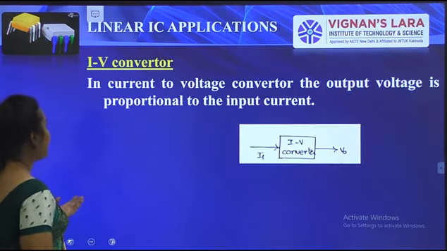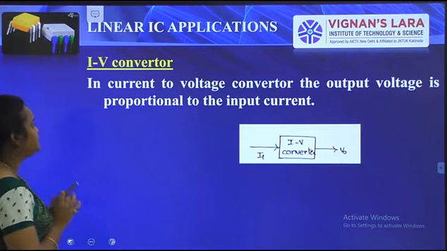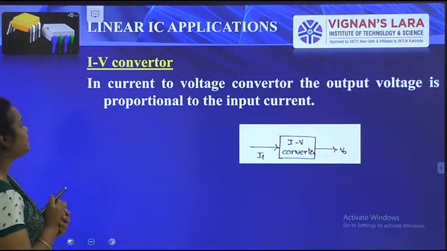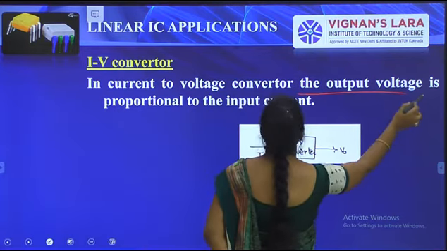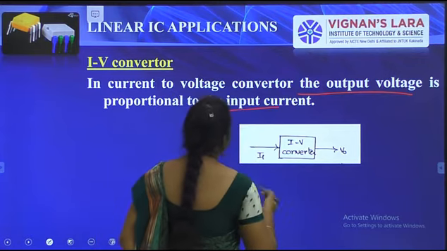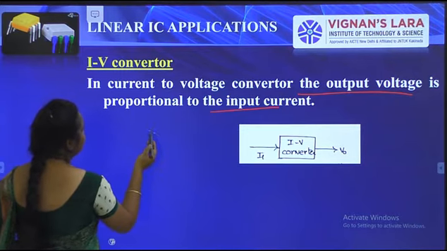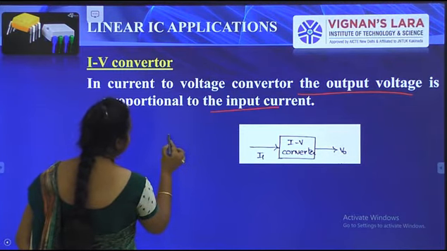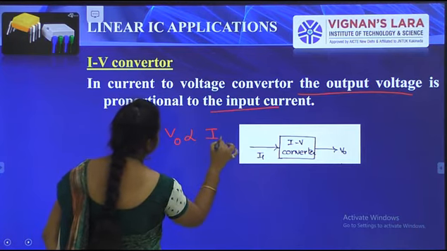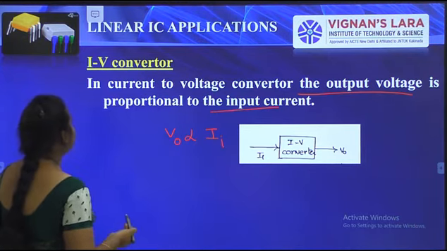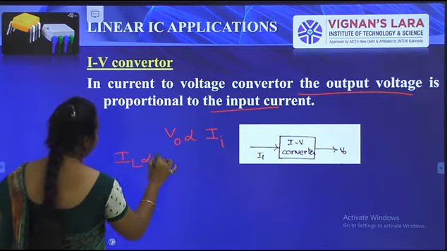So here I have another concept, current to voltage converter. This is a very simple topic. In the current to voltage converter, the output voltage is proportional to the input current. In the voltage to current converter, we derived IL is proportional to Vin.